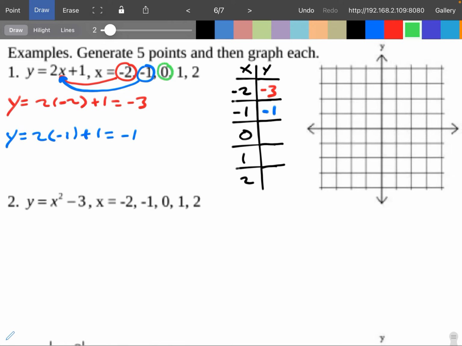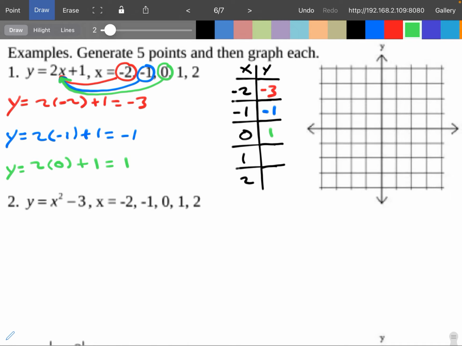Then we're going to plug 0 in. So now we're going to take 0 and plug it in for x right there. That's going to give me y equals 2 times 0 plus 1. 2 times 0 is 0, so 0 plus 1 is 1.